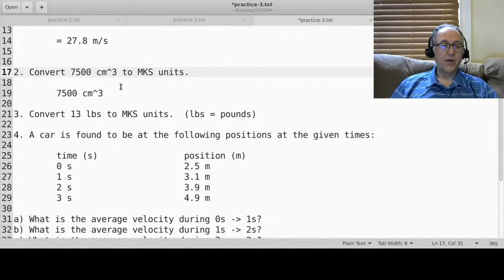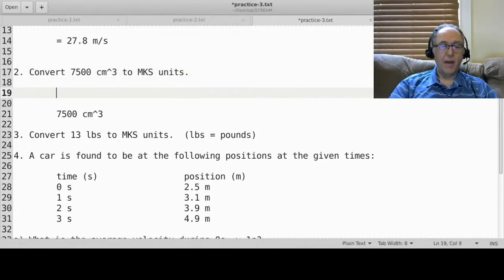And so, how do you convert that? Well, you realize that you want to go from centimeters to meters, and you begin with the larger unit. 1 meter is equal to 100 centimeters, like this. Okay, and again, you need to know that a centimeter is the metric prefix that means 100th.